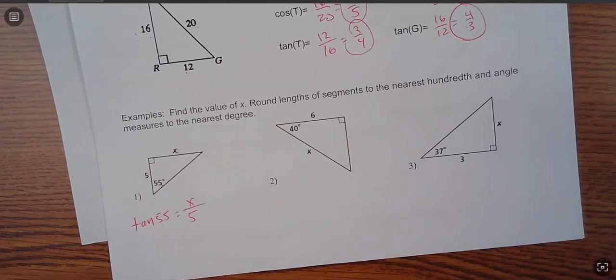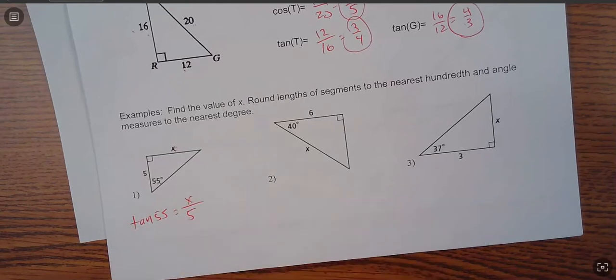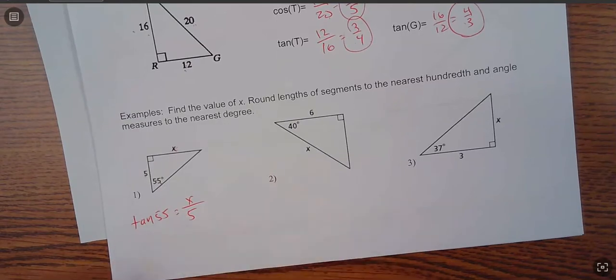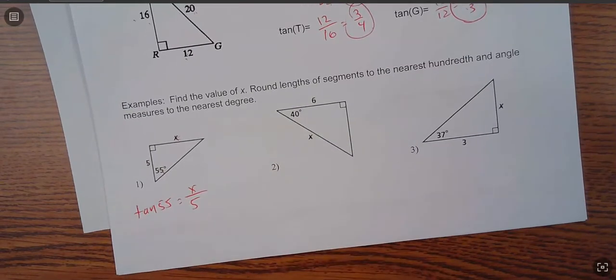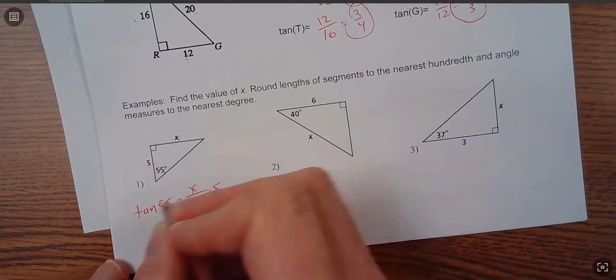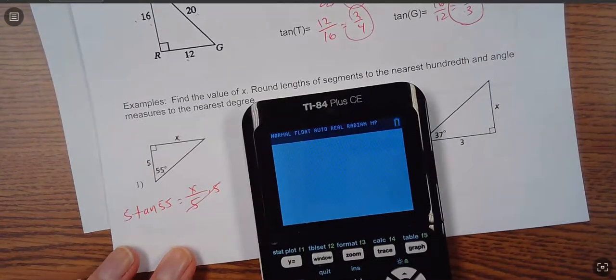And now I want to solve for x, and really this is a ratio and this is a ratio, so I've actually got a proportion here. So you say, you know, cross multiply and divide. Well, the problem is this is a decimal ratio. I would always recommend solving for x before you type in the calculator. So here, if I want to get x by itself, multiply both sides by 5 first. So 5 times tangent 55 would equal x, and you can actually type it in just like that in your calculator.